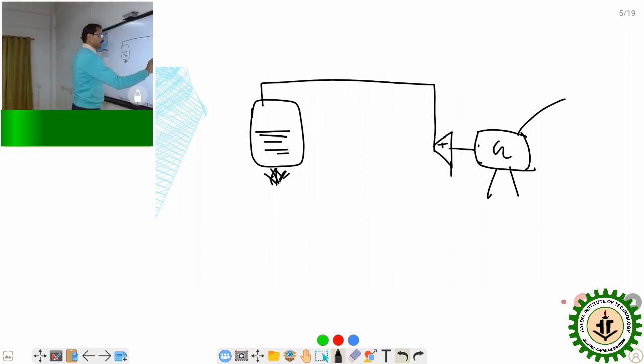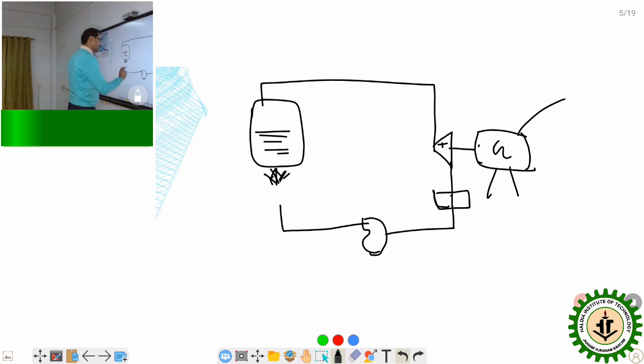And the exhausted wet steam will go to the condenser. Here in the condenser, the steam will be condensed into water. Again, the pump will pump the water into the boiler.